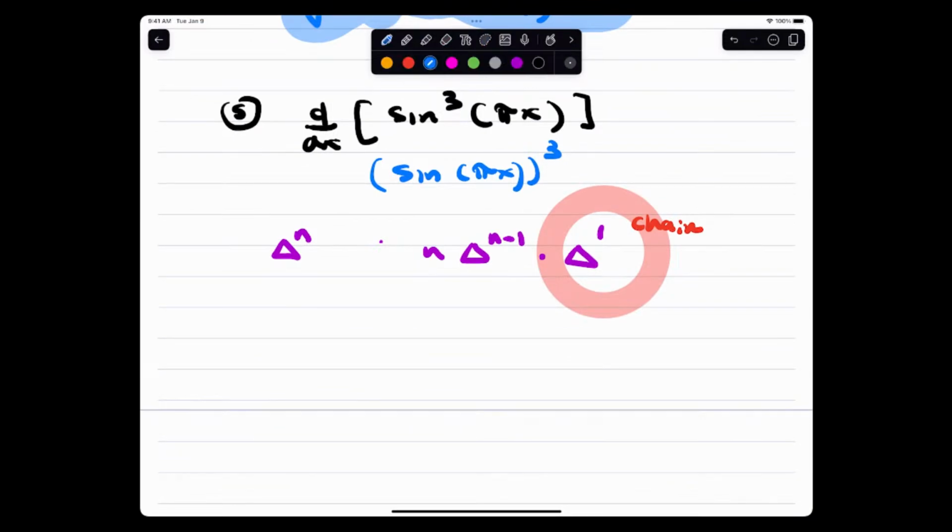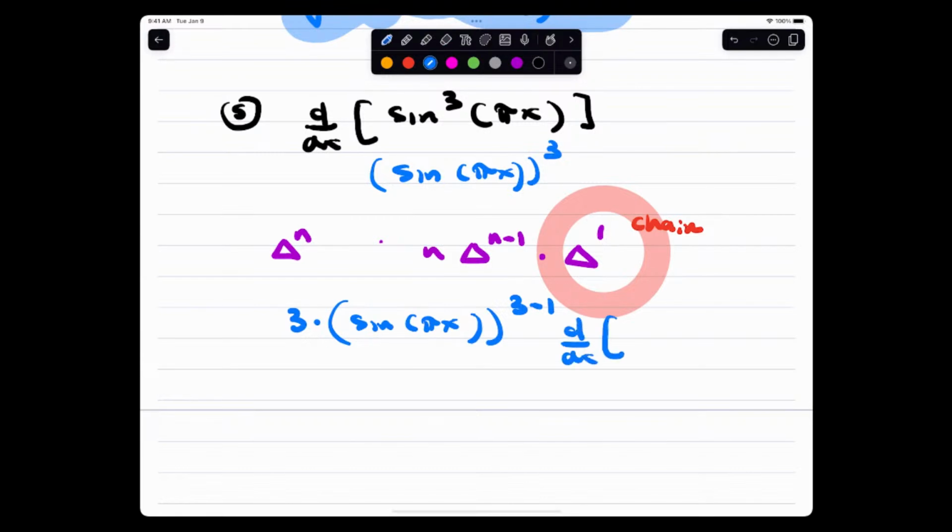So what does that give us? 3 times sine of pi x, and then that's going to be 3 minus 1. Is that true? Now, don't stop right there. Let me write pi x a little clearer. Don't stop right there. You now have to differentiate.